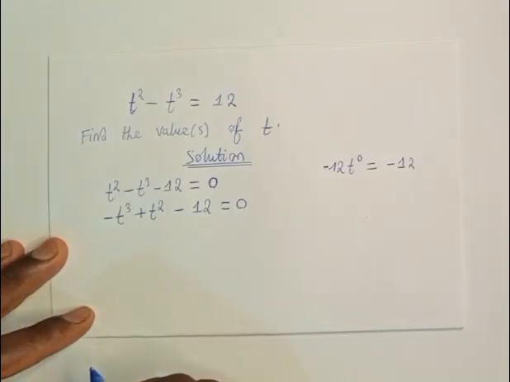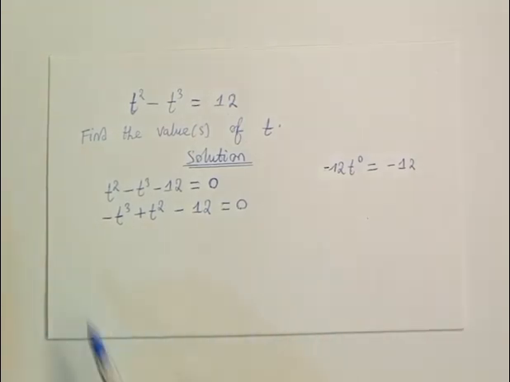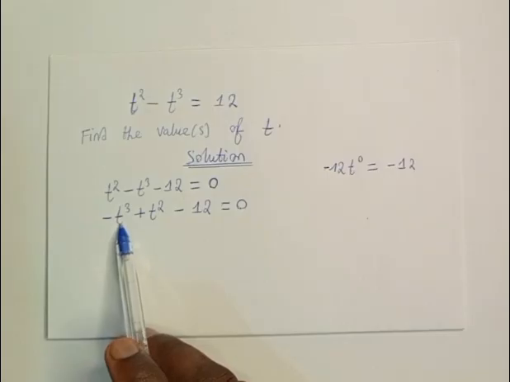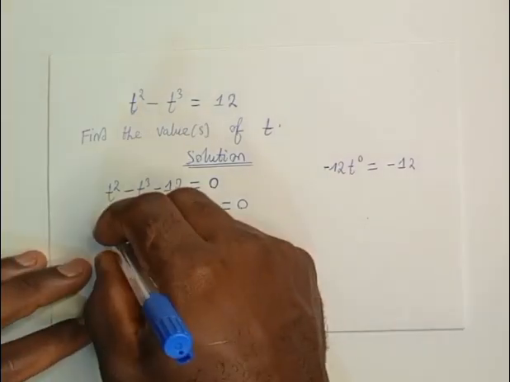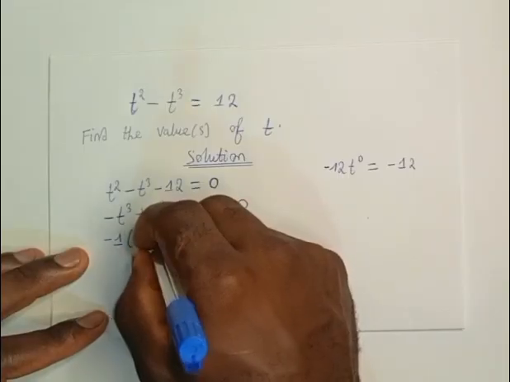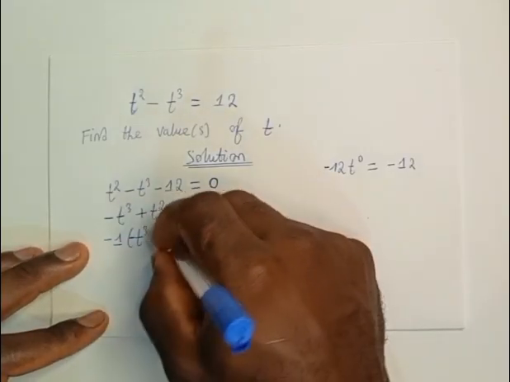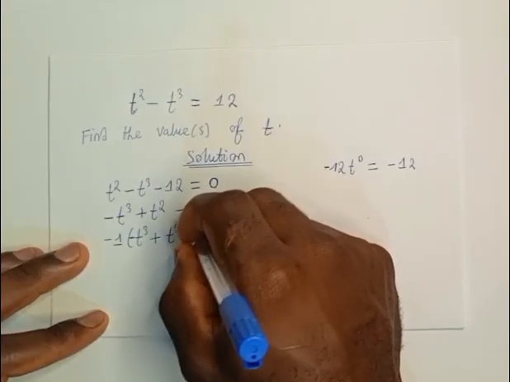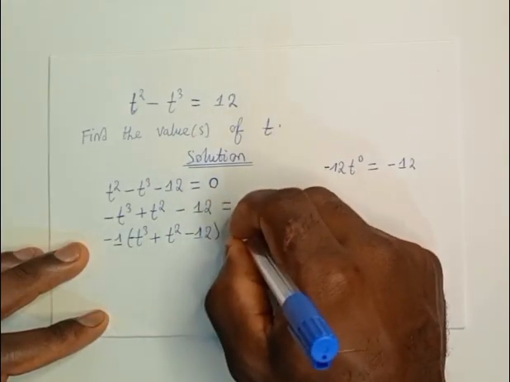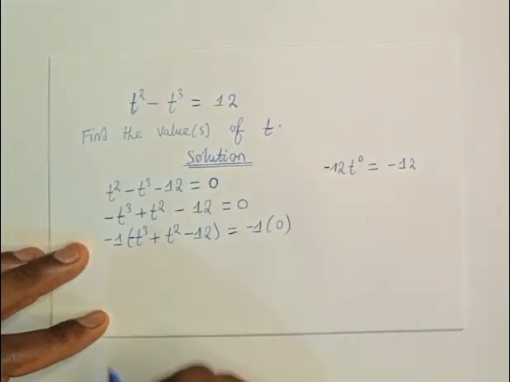Next step, we are going to multiply all through by negative 1. The reason why we are multiplying all through by negative 1 is simply because we want to eliminate the negative sign from t cubed. Take negative 1 times negative t cubed plus t squared minus 12 is equal to negative 1 times 0.